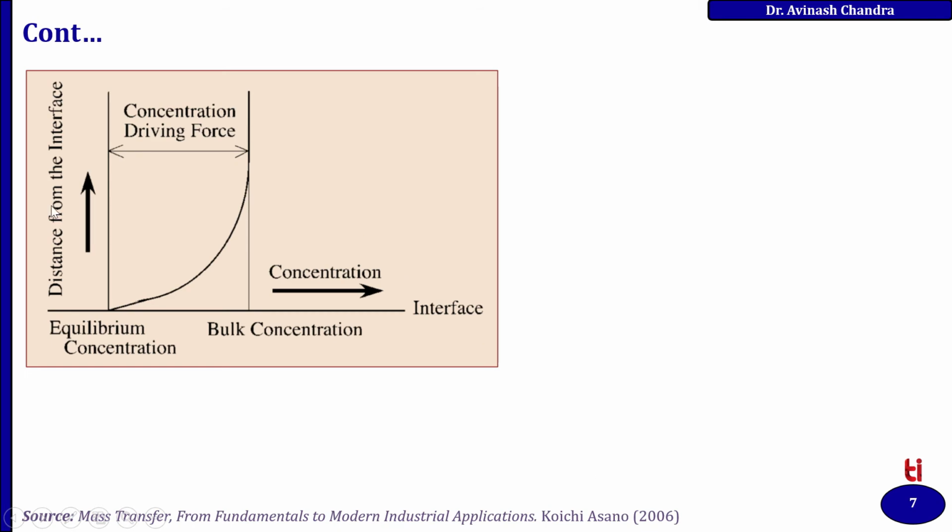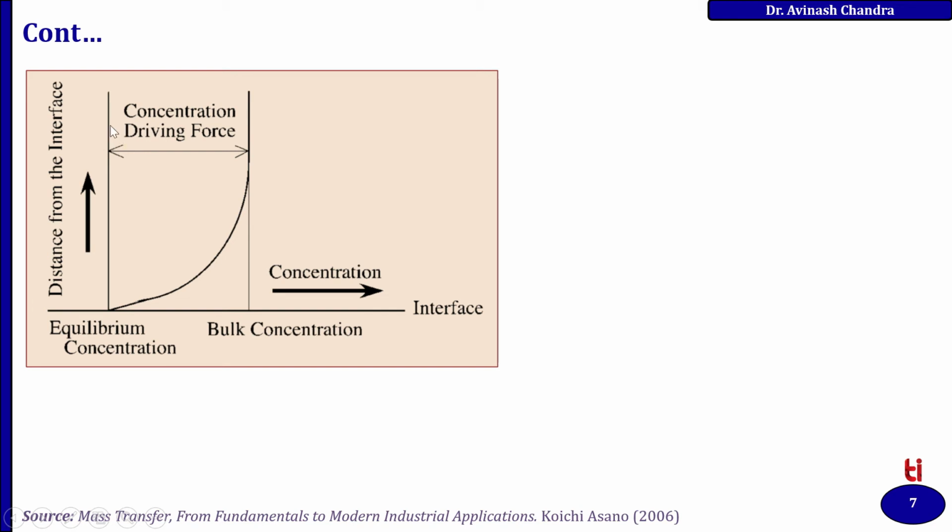If we draw a plot between the distance from the interface and the bulk concentration, at some equilibrium value the curve goes like this. Initially the system is here.